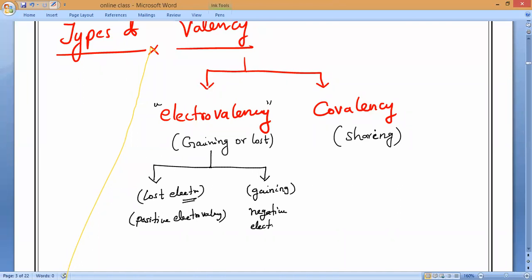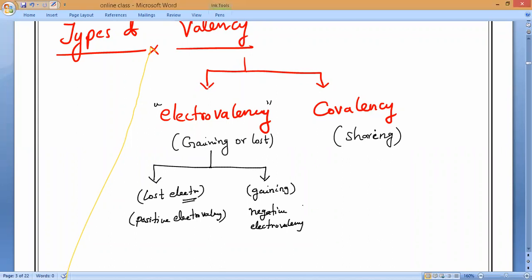So that is negative electrovalency. Is it clear, all of you?